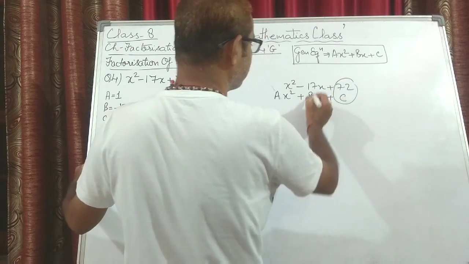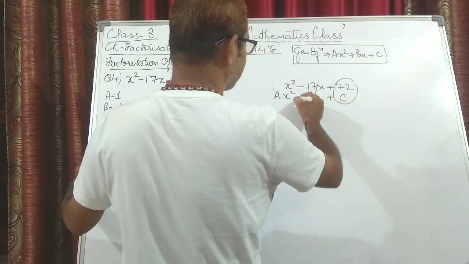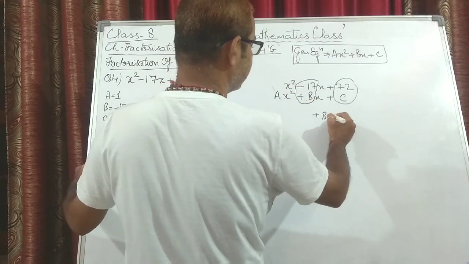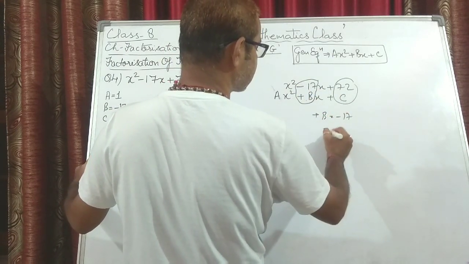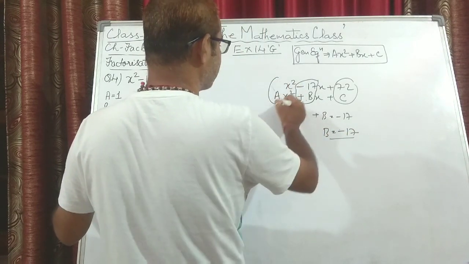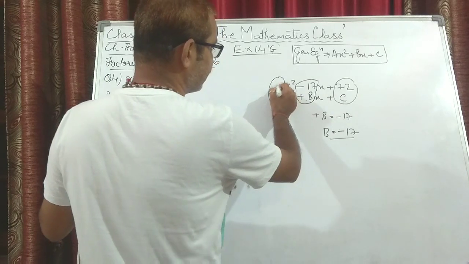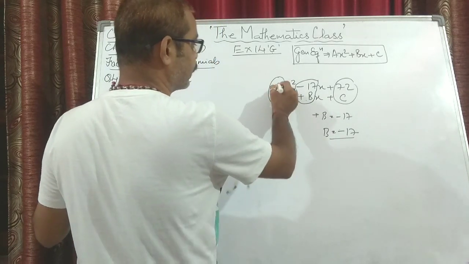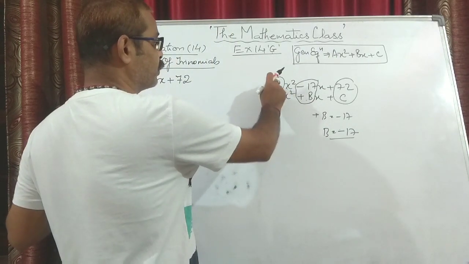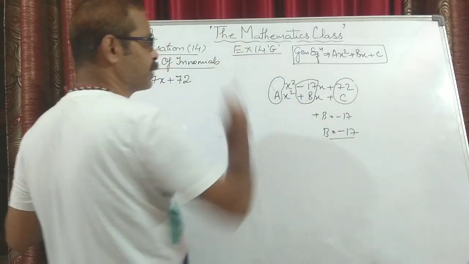C is 72, b is minus 17. You can say plus b is equal to minus 17. It means that b is equal to minus 17 and a is equal to 1. Nothing is here. It means it is not 0. It is 1 because 1 into x square will be x square. But if you put 0 over here, this whole equation will become 0.